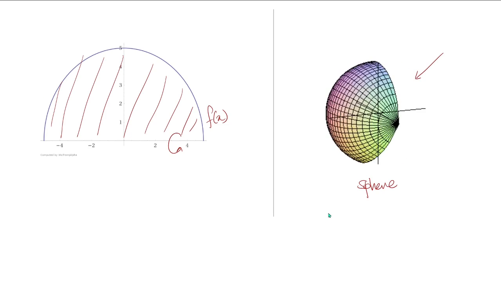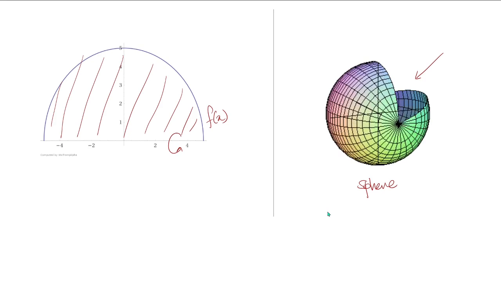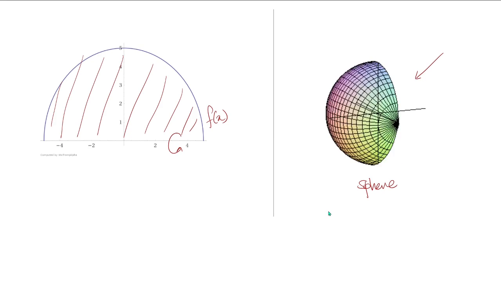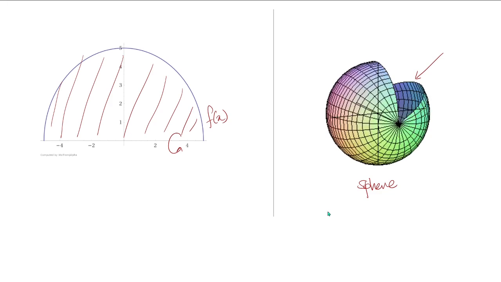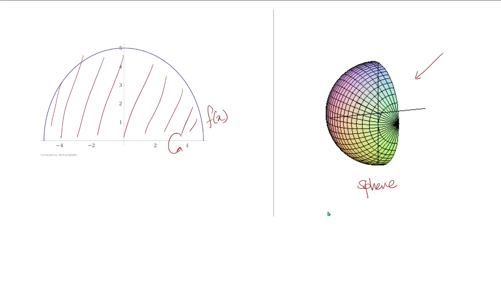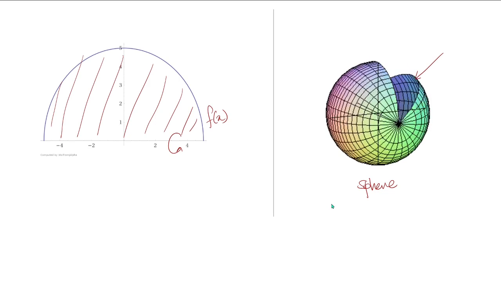Now these are the three solids of revolution that I've shown you, simple shapes: cylinders, cone and spheres. Now we can also look at weird shapes like this.